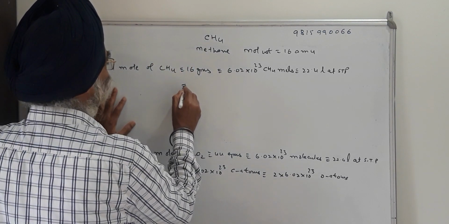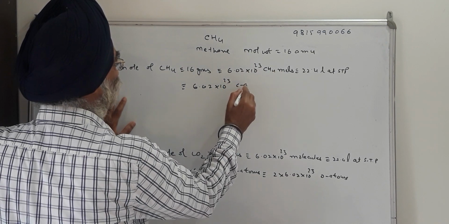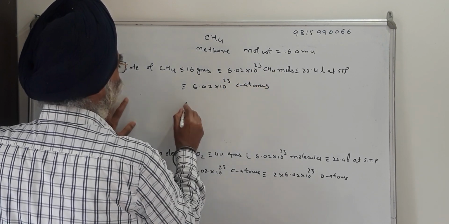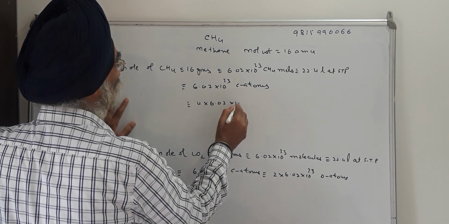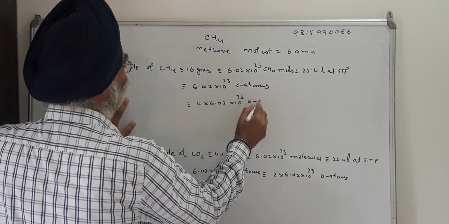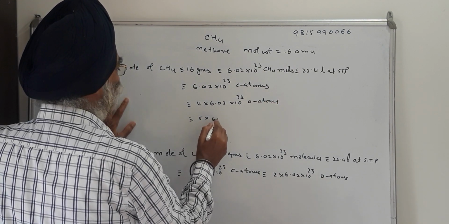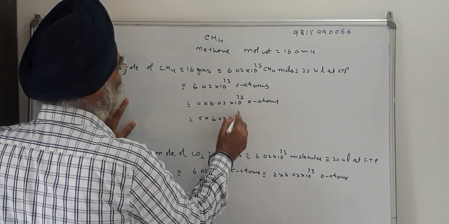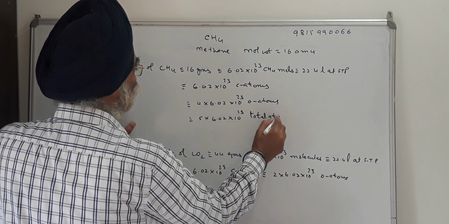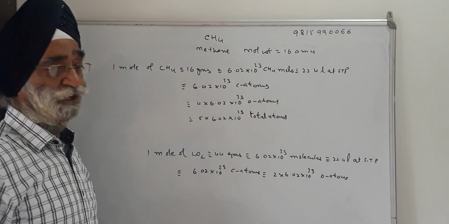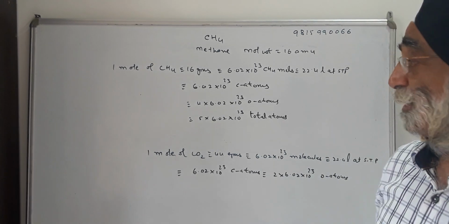We have 6.02 10 raised to the power 23 carbon atoms, 4 into 6.02 10 raised to the power 23 hydrogen atoms, 5 into 6.02 10 raised to the power 23 total atoms. So this is the working of mole concept, or miracles of mole concept.